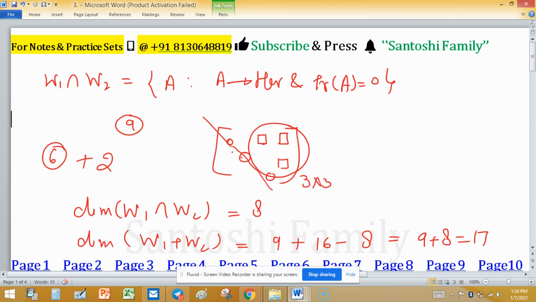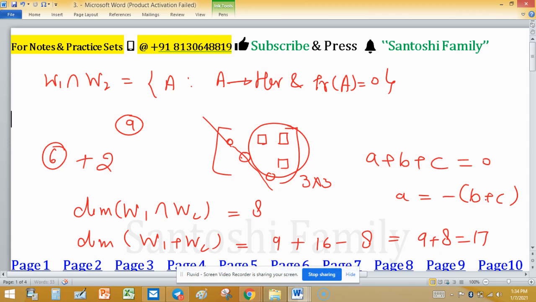At 3 positions you would be free, but for trace to be equal to 0, suppose the three entries satisfy a plus b plus c equal to 0, then a equals minus of b plus c.